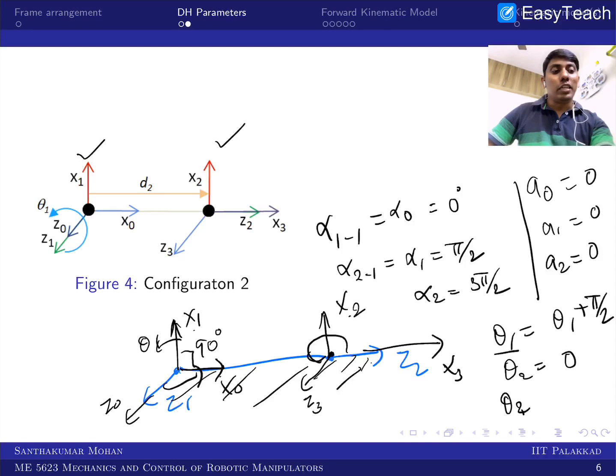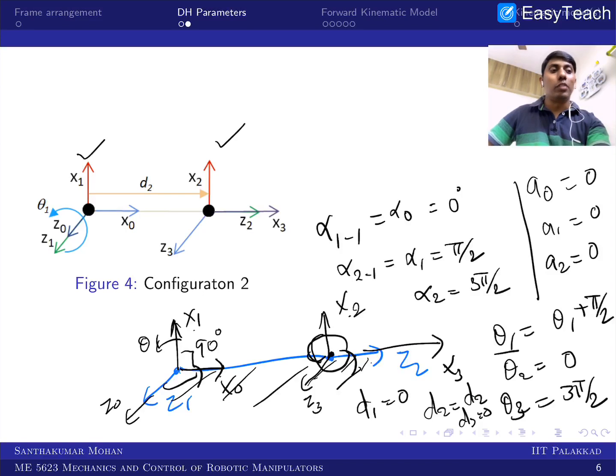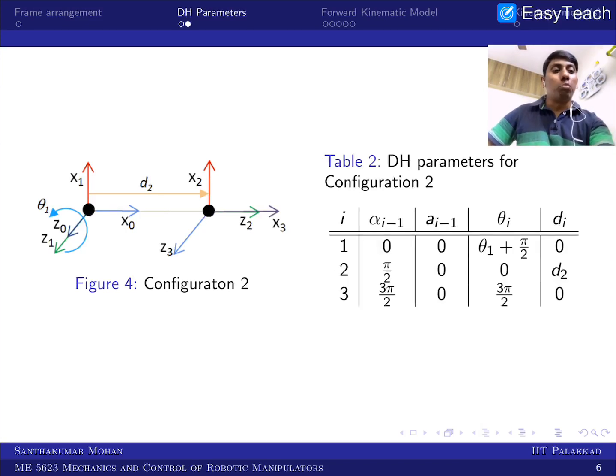Theta 3, about z3, you can see this is a rotation which is 3 pi by 2. Similarly, d1 is 0, and d2 and d3 are 0. So this is what we are getting as your DH parameters.